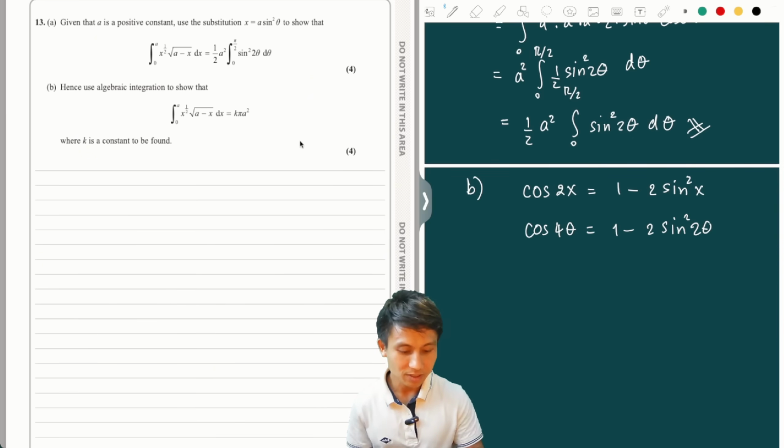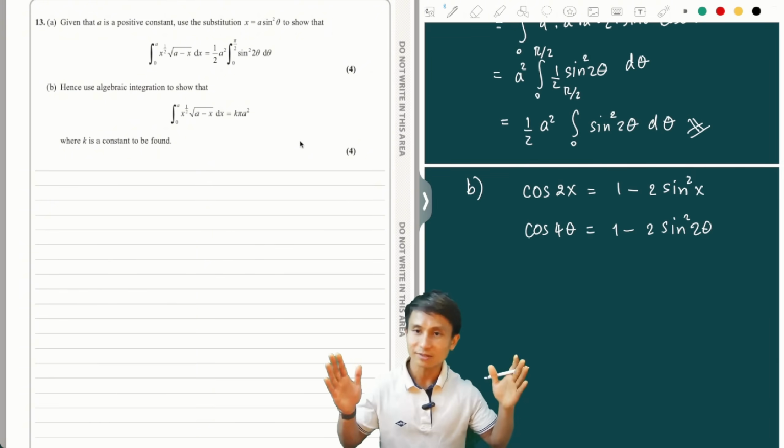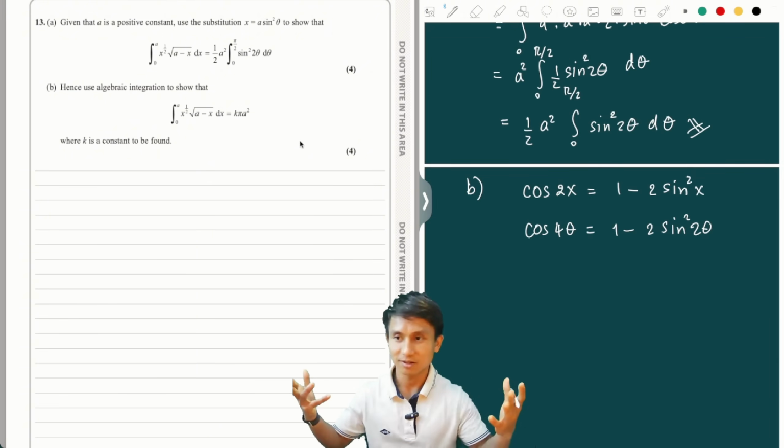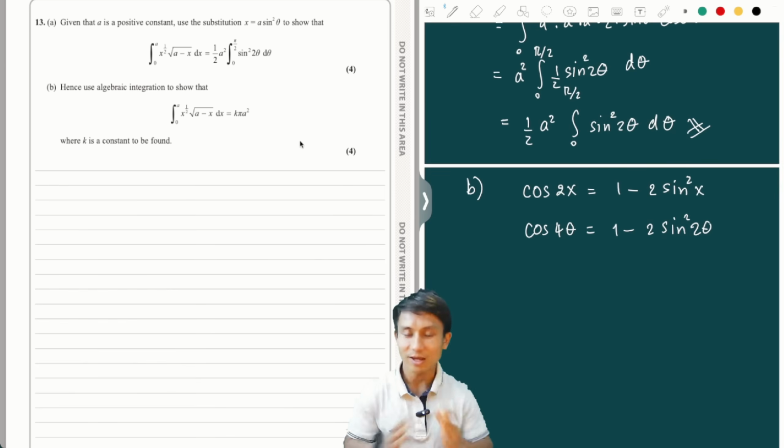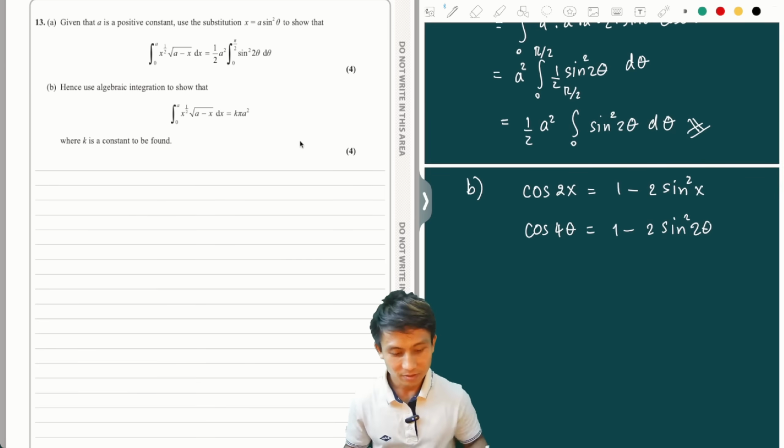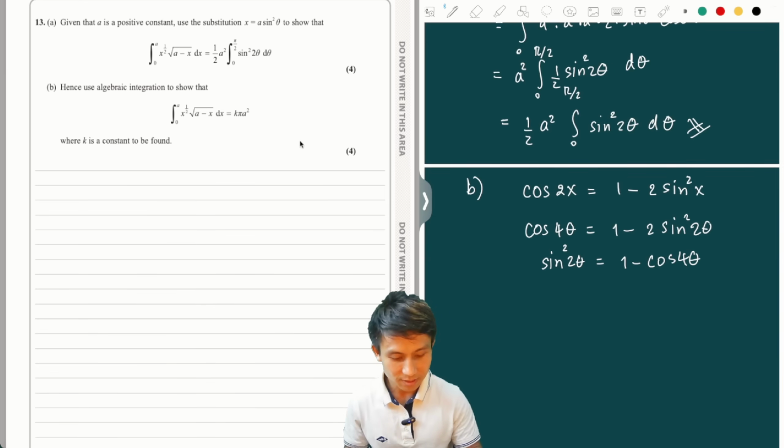You can double both sides to any combination, but one has to be half of the other. So sine squared 2 theta as a subject is then 1 minus cos 4 theta divided by 2.